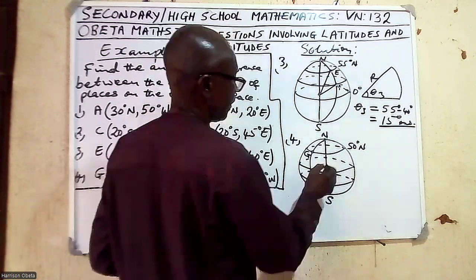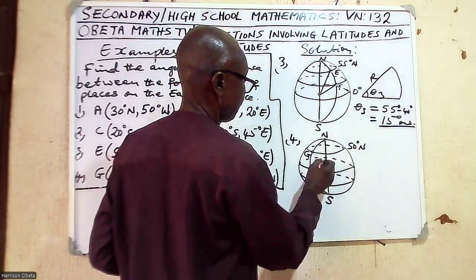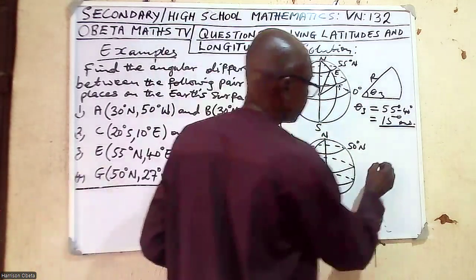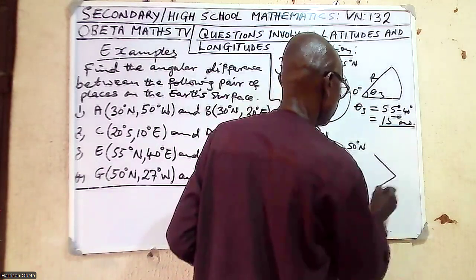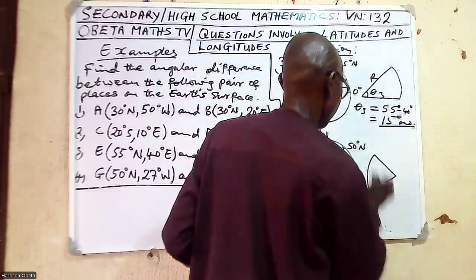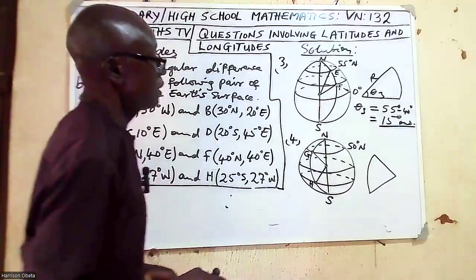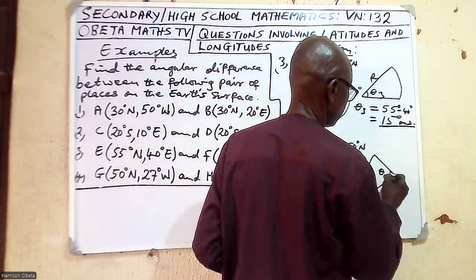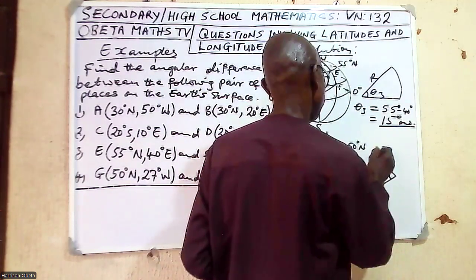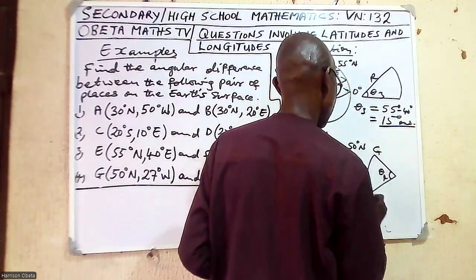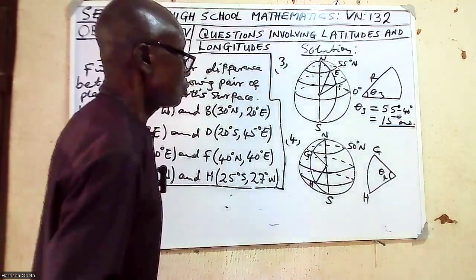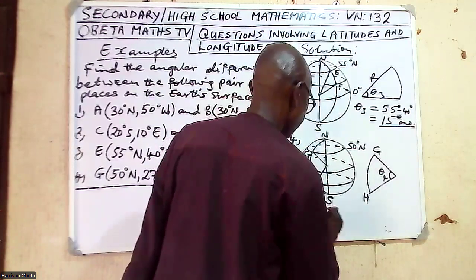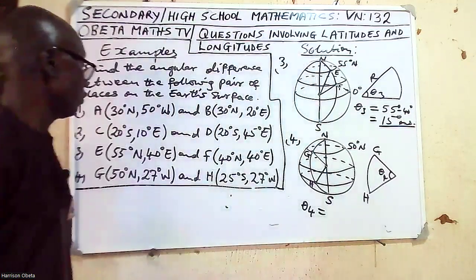So the center is here. If you draw it out, you have something like this. And then let's call this theta 4. Then this is our G, and this is our H. So to find theta 4, again, we go back to our formula.